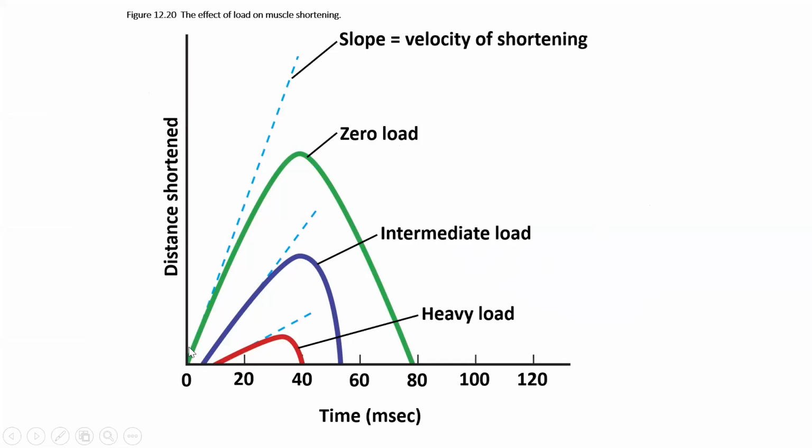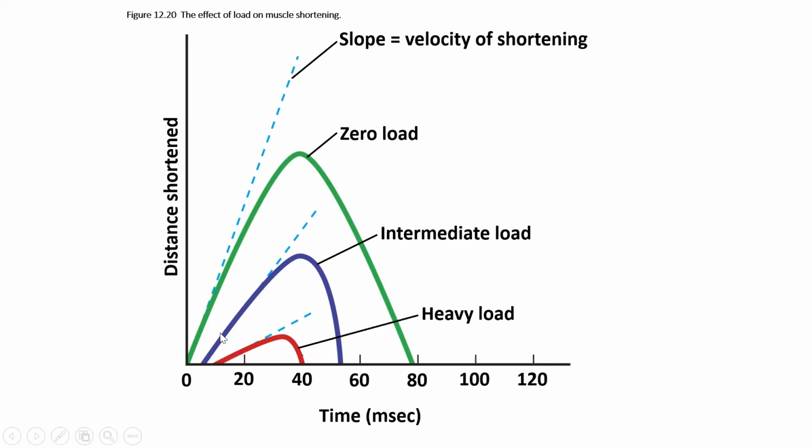So it takes no time to warm up for this to happen. So latent period is zero. The duration of shortening is the largest. So I can maintain or sustain, I can keep this contraction going for quite a while. And then the speed or the velocity with which I can make this contraction happen is also going to be the fastest. And we can see that by a more linear curve, which is representing the velocity of the shortening.